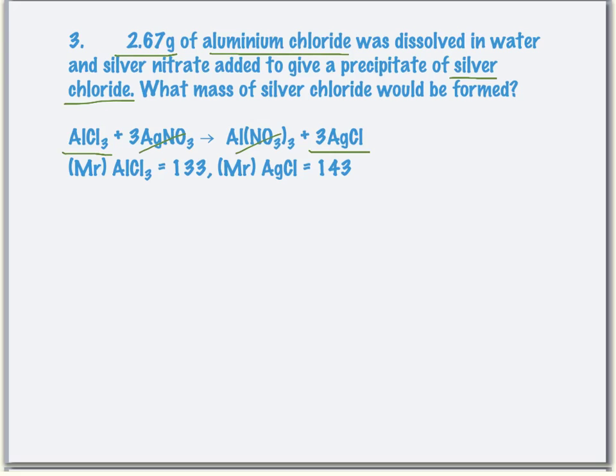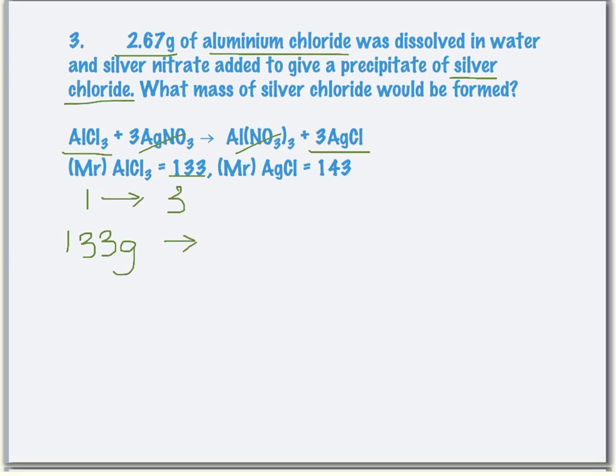So what we can see is that 1 mole of the aluminium chloride will make 3 moles of the silver chloride. So 1 mole of the aluminium chloride, as we can see here, will be the equivalent of 133 grams.